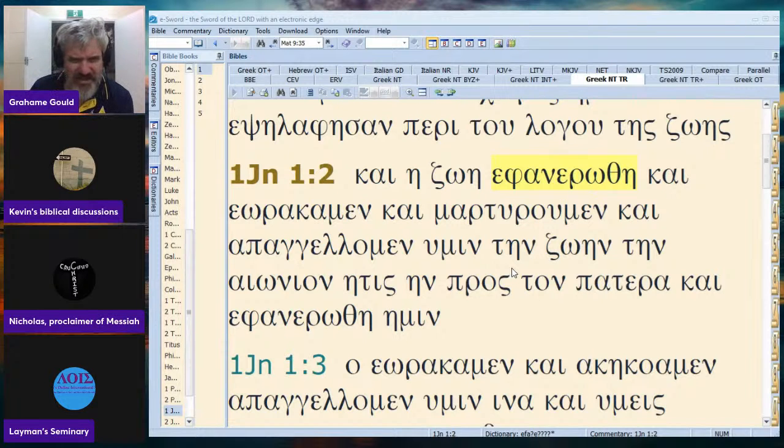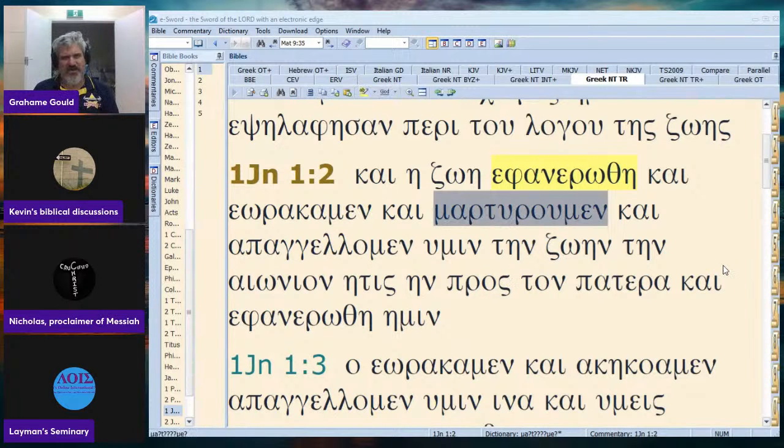And there's, I think, little things like this when you see words that, so I'm going to work on this word here a little bit now. For me, it helps knowing that I know the meaning of a word or have some idea of the meaning. So that you've got here marturumen.